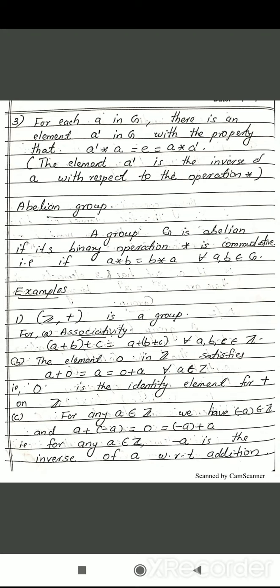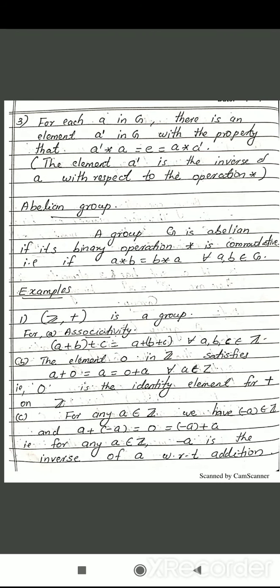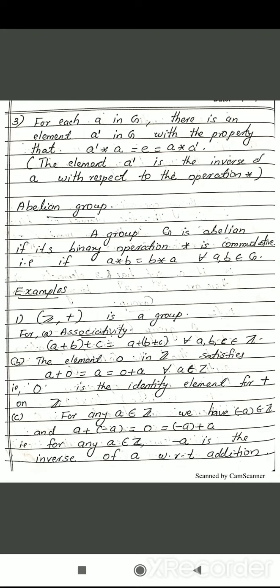First example is Z under addition. Already you know that addition is a binary operation on the set of integers. So consider the algebraic structure (Z, +). In order to prove this is a group, first of all we have to check associativity. That you already know. For any three integers A, B, C, (A plus B) plus C equals A plus (B plus C).